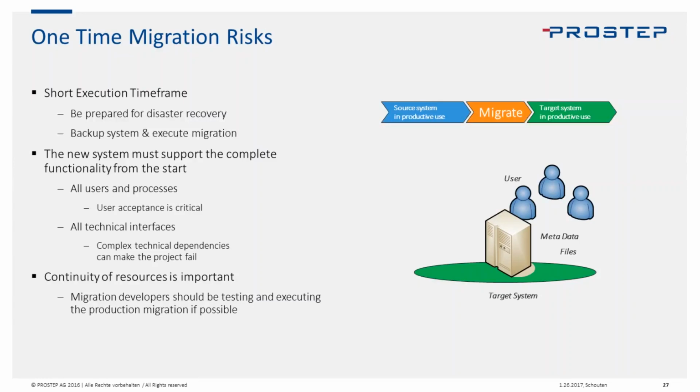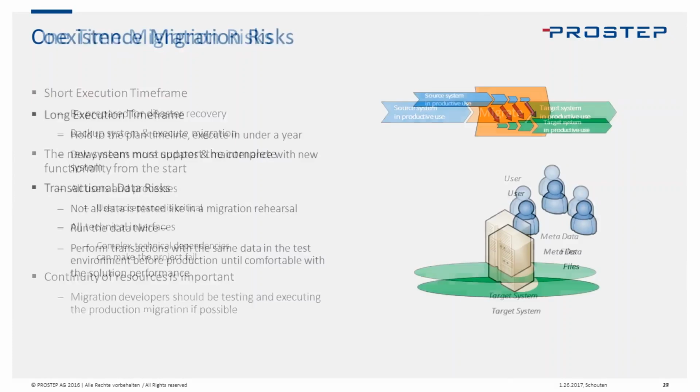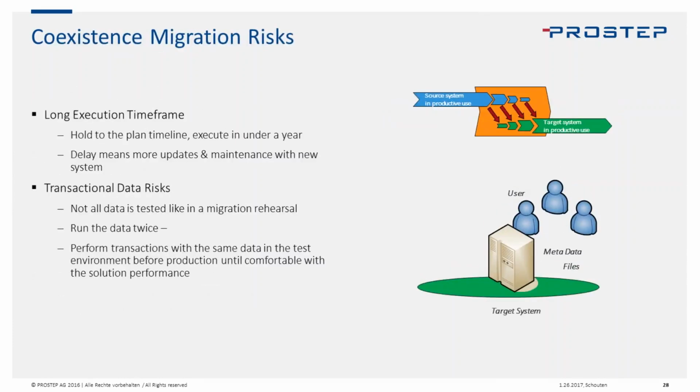And then also continuity. So make sure that you have the same people developing, testing, and executing, I think, for one-time. Actually, that's really for everyone. But for long-term coexistence migration, I think holding to the timeline is important, right?